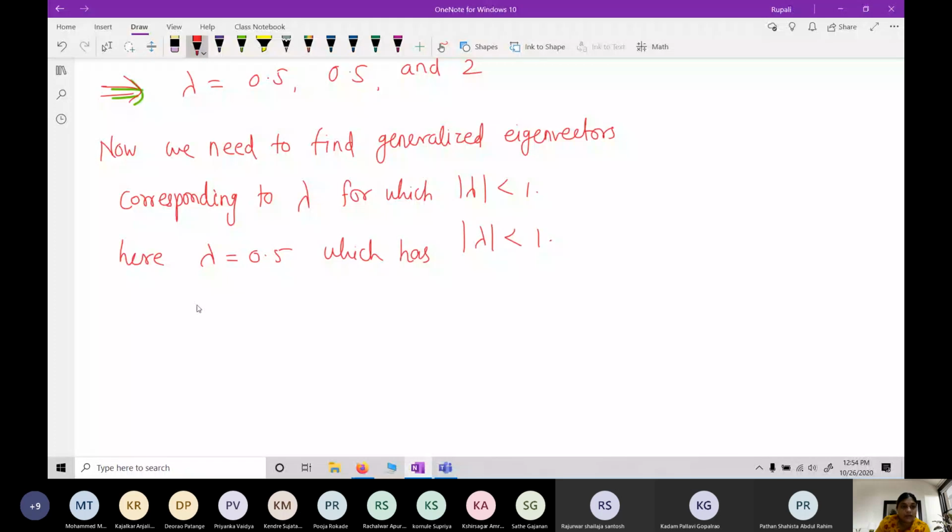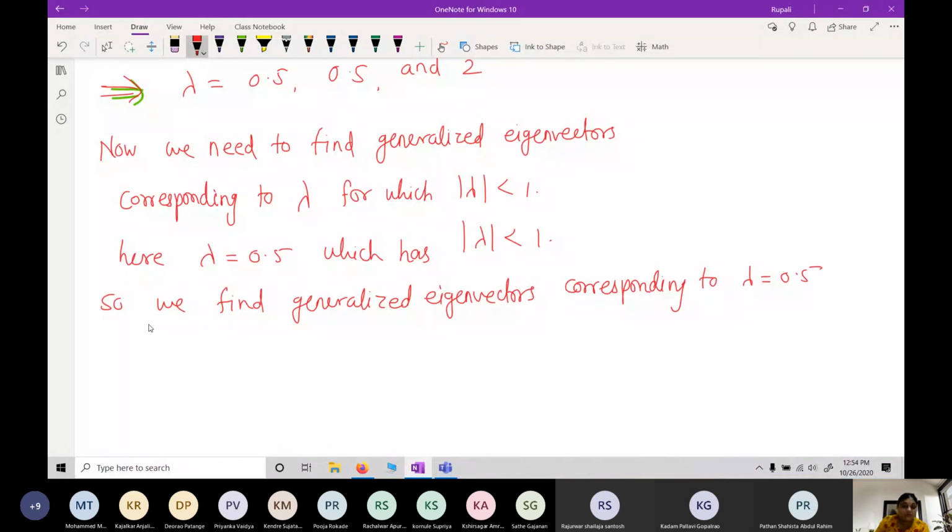So we find generalized eigenvectors, eigenvectors corresponding to lambda is equal to 0.5 with multiplicity, what is the multiplicity of 0.5? 2.